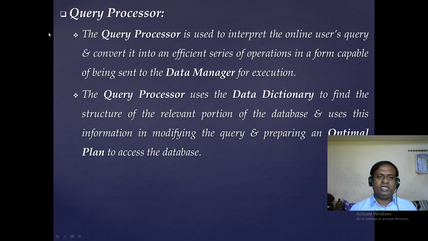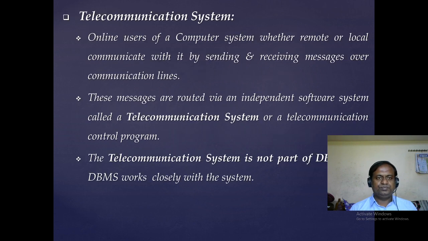For now, you should get it clear: the query processor handles the rest of the commands apart from the DDL category, and those will be converted into the format understood by the data manager and handed over to the database management system.